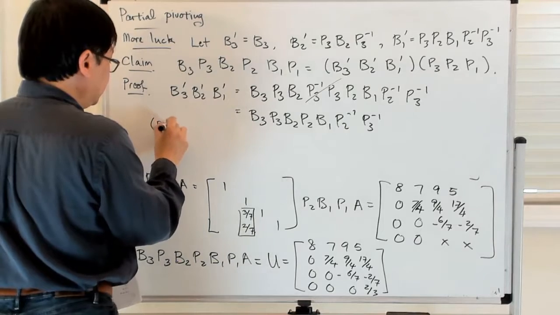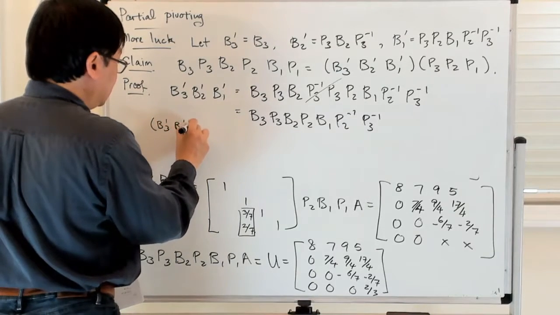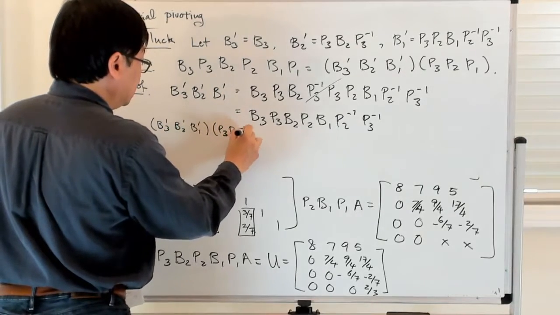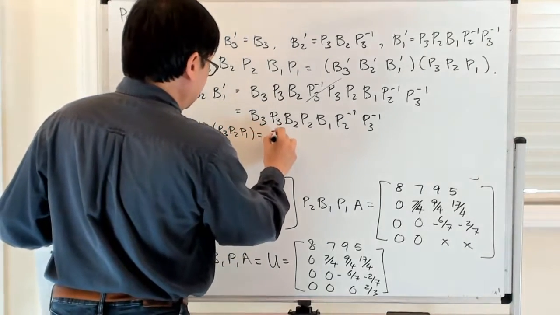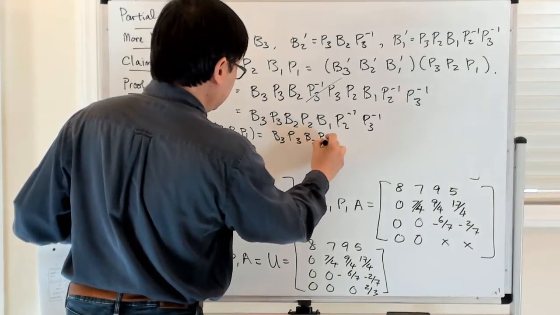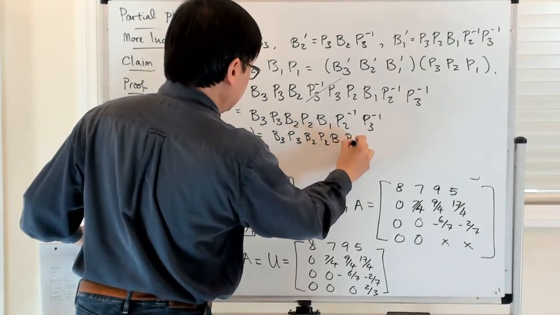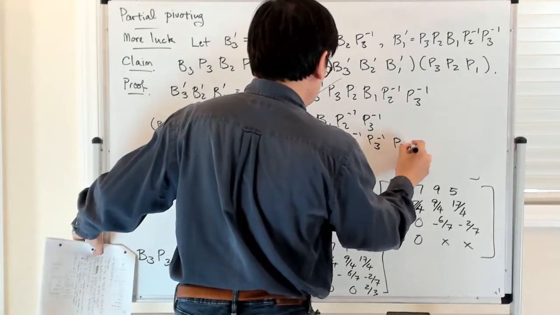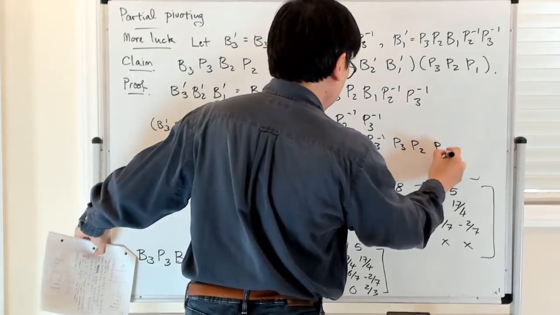So B3 prime, B2 prime, B1 prime multiplied by P3, P2, P1 looks like B3, P3, B2, P2, B1, P2 inverse, P3 inverse, P3, P2, P1.